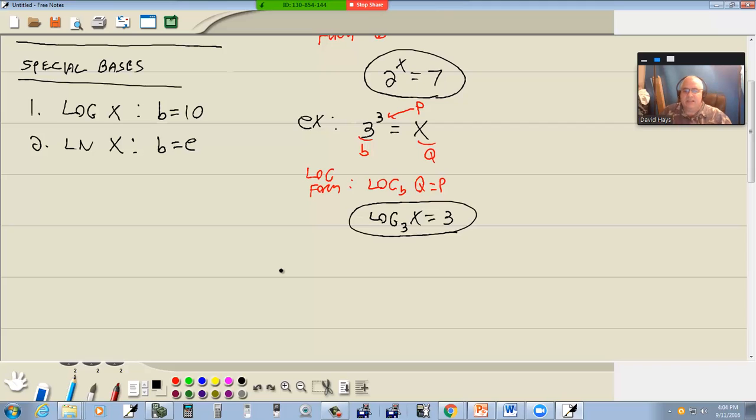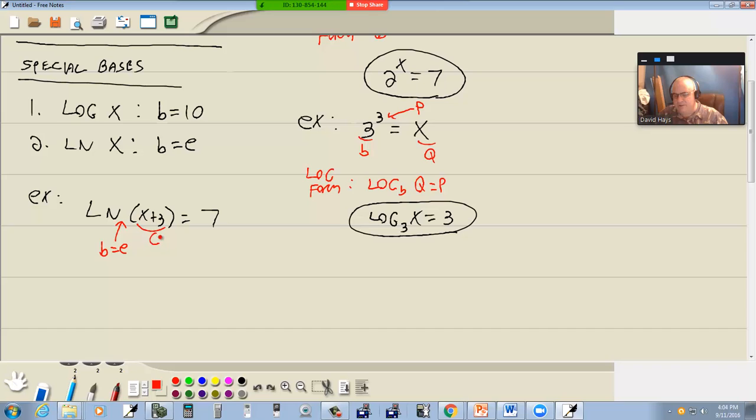Now we can use these same processes to rewrite these. For example, if I have natural log of x plus 3 is equal to 7. And the instructions were to write it in exponential form. Well, we have to identify our b, p, and q. B is whatever number's here, and since this says ln, that tells us b is e.